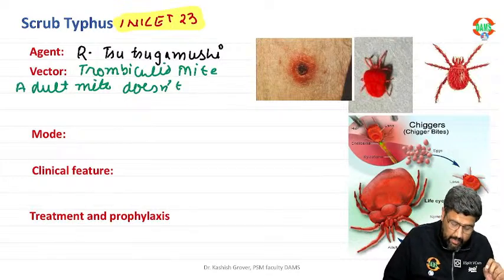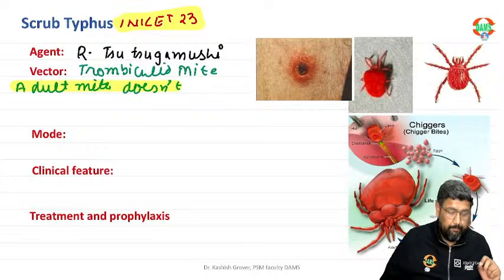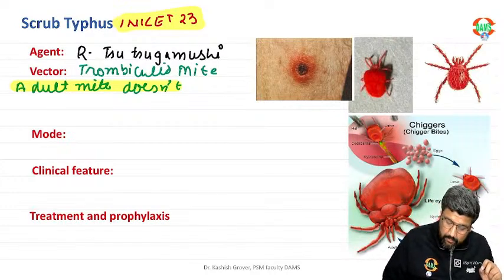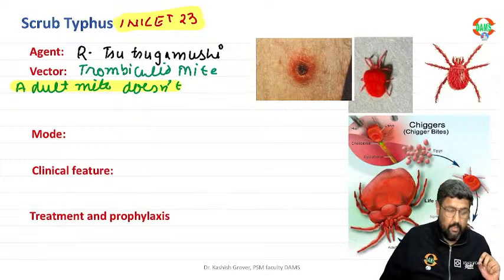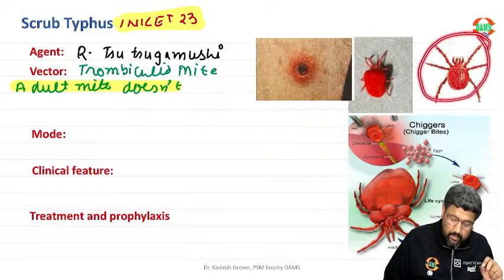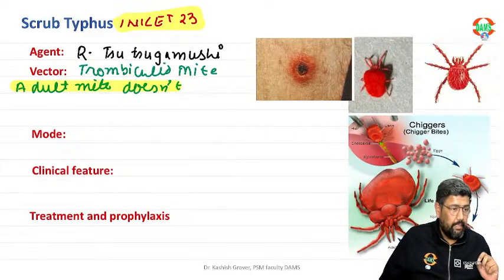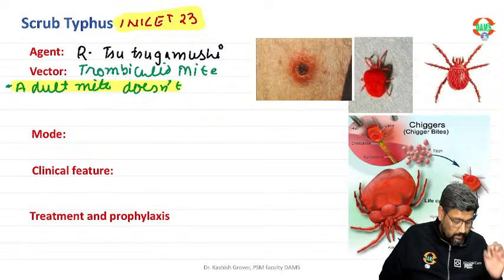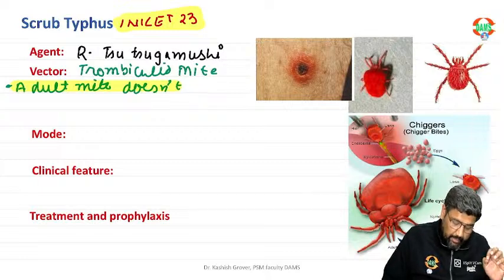The adult mite does not spread, right? Actually, it is the larva. This is the trombiculid mite and this is the adult. In the vector, adult mite does not spread, it is only larva.